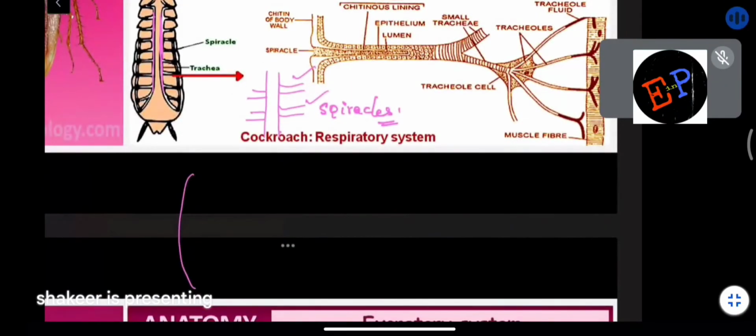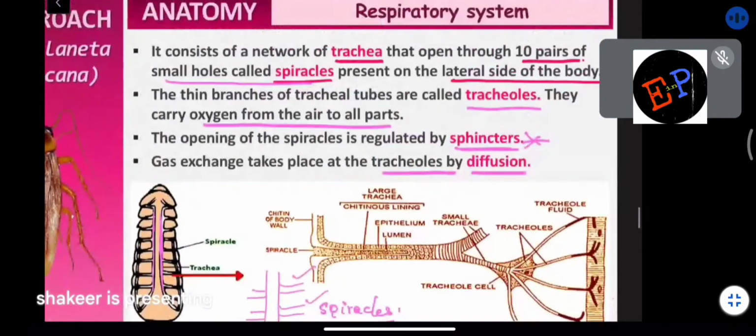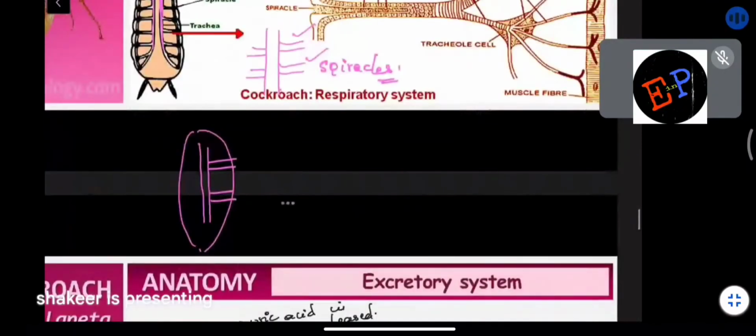So this is the cockroach and this is the trachea which is present. The trachea opens into spiracles. Clear? These are small tubes, they are called spiracles, small openings. And how many spiracles are present? 10 pairs of spiracles are present.